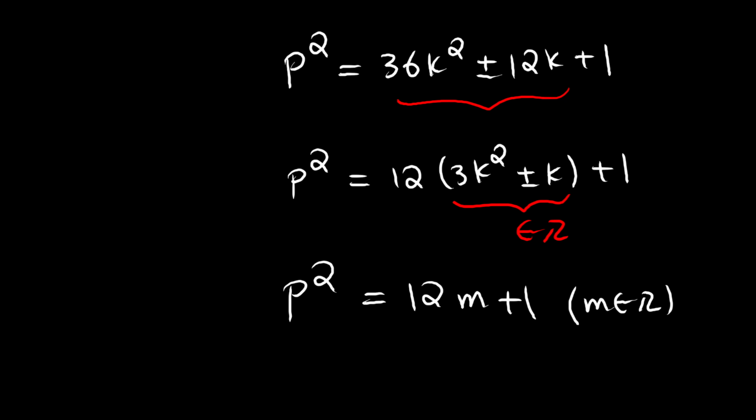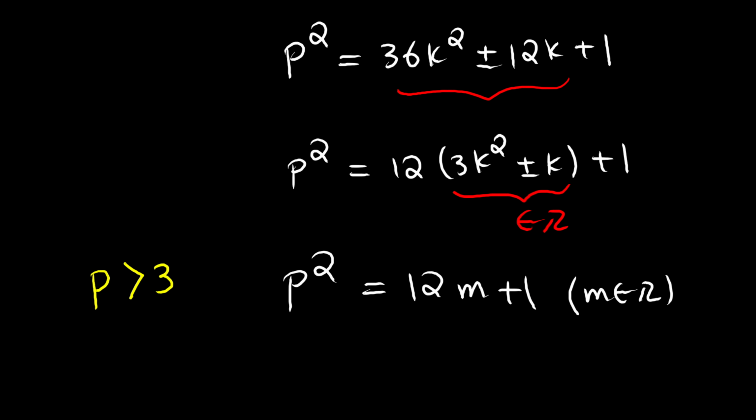And I can say that if a prime number is greater than 3, then its square is in the form of 12 times some integer plus 1.